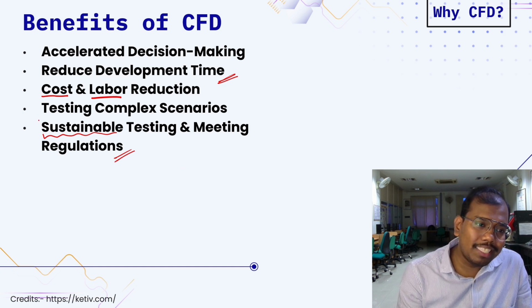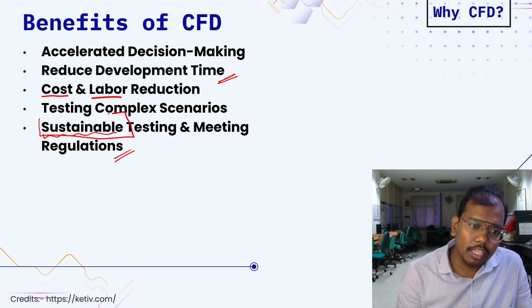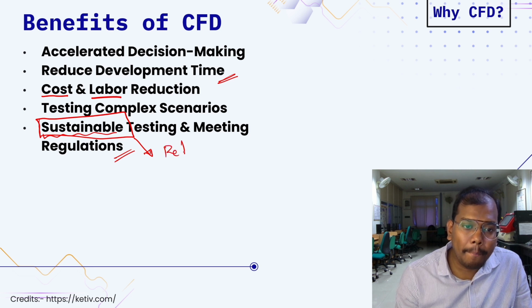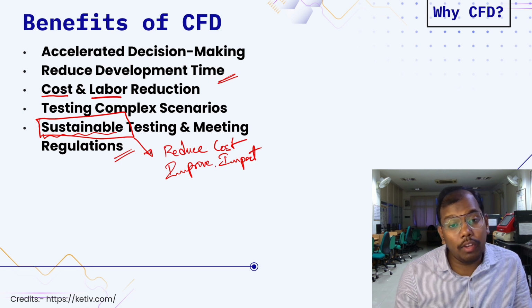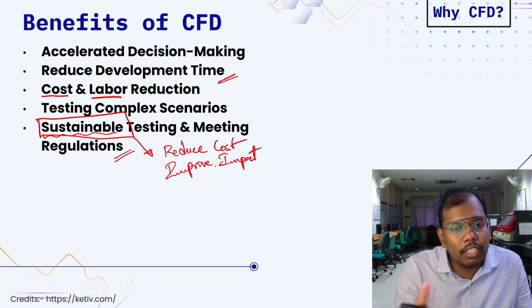So what are these sustainable principles? Sustainability will essentially reduce the cost and improve the impact. How can you get the improved impact with the reduced cost?